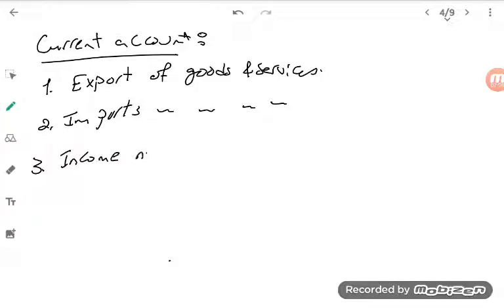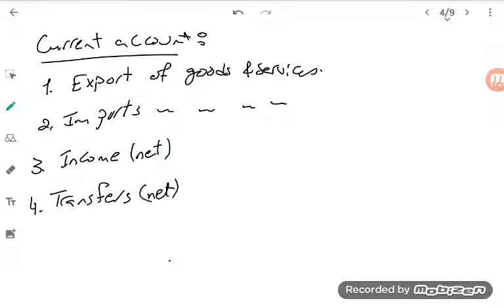Number three, income net, which is the difference between income received and income paid to the rest of the world. If a foreign investor buys a bond in Egypt, we are going to pay him interest. This is income paid to the rest of the world, and vice versa if you invest abroad. Number four, transfers net, known as unilateral payments.